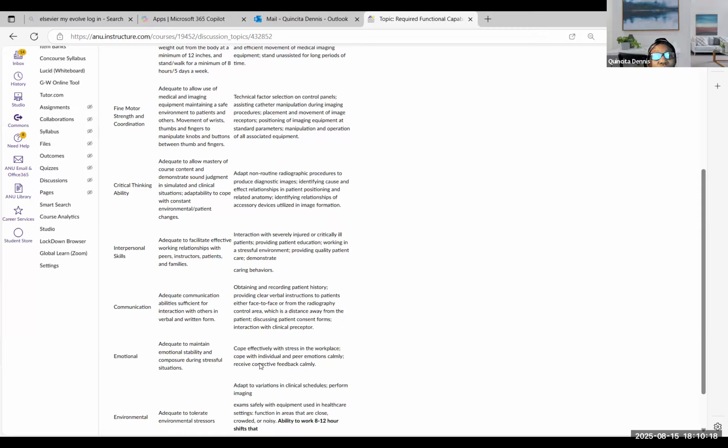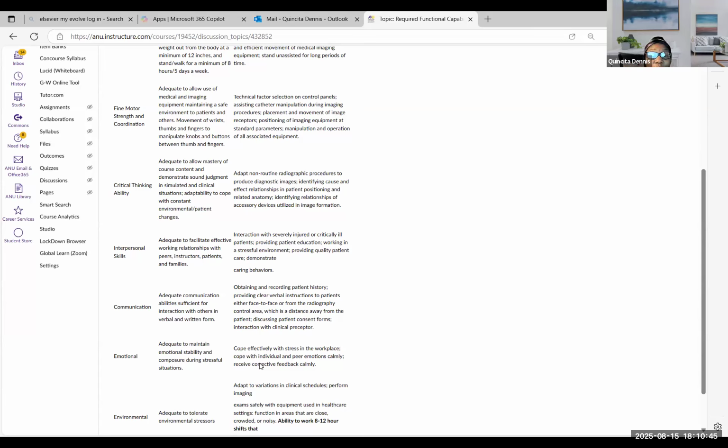It allows for mastery of course content and also sound judgment in a simulated and clinical situation, and adaptability to cope with constant environmental and patient changes. Every patient is not going to be that perfect book patient. Every patient is not going to be that simulator patient or the lab patients that we have, which is your peers.